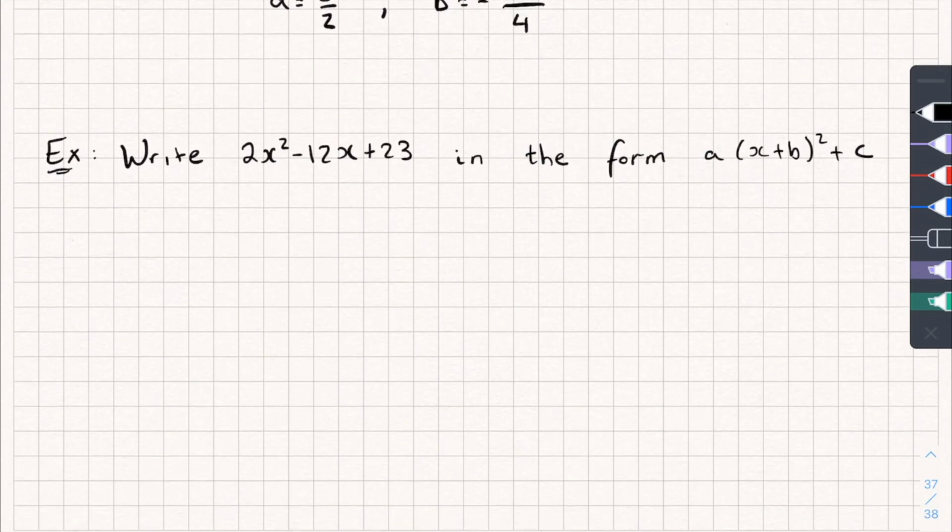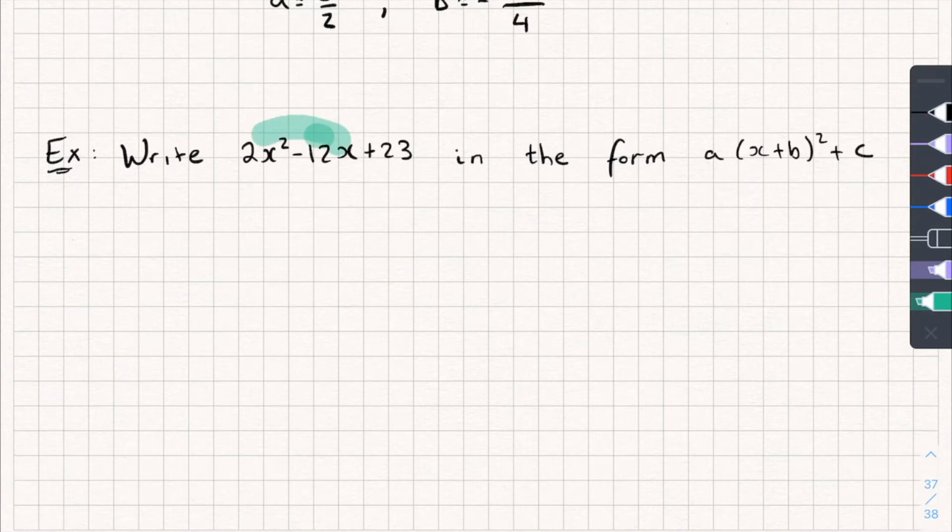So to turn this 2 into a 1, I could just pull it out as a factor, okay? We're still only going to be interested in these first two terms, but I'm going to factorize out the 2. So factorizing out 2 leaves me with x squared, subtract 6x, okay? And again, I'm just focusing on the first two terms in this equation for now.